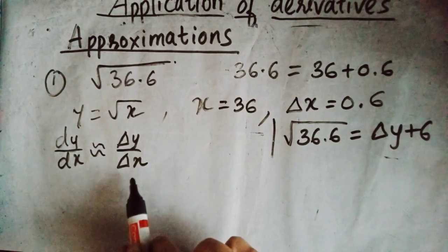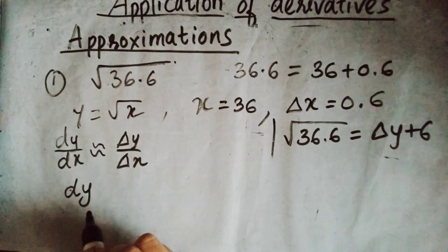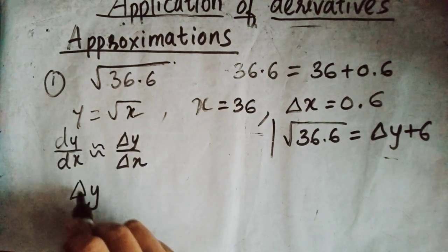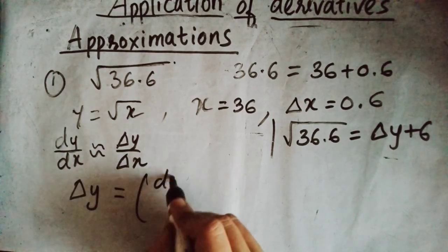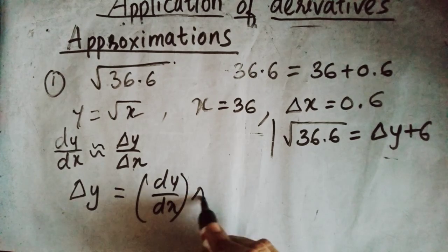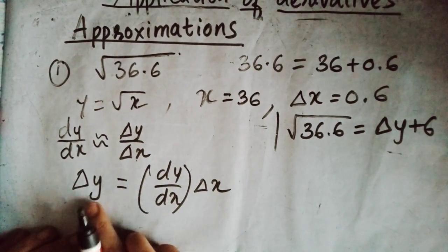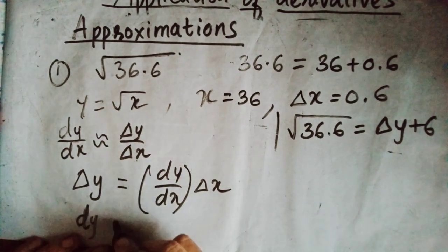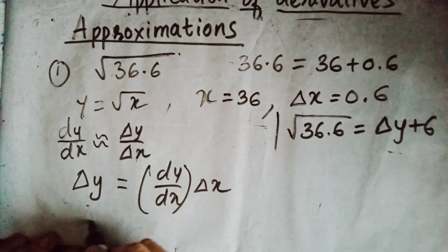So we can write this in the form dy by dx, or delta y is equal to dy by dx into delta x, since delta x moves to the other side and gets multiplied. This del y I can write as dy because we are taking the approximate value, so it is the same as dy, or you can write delta y also.